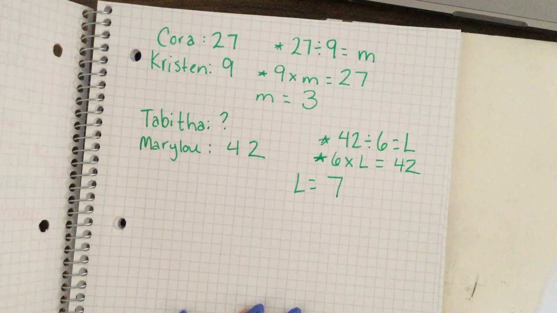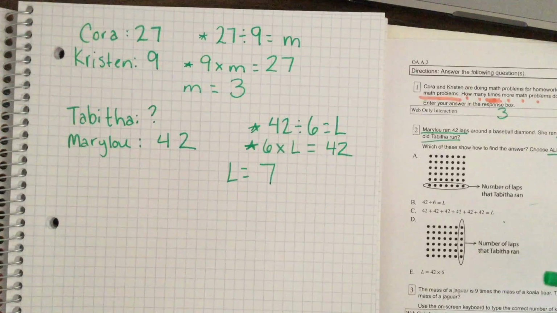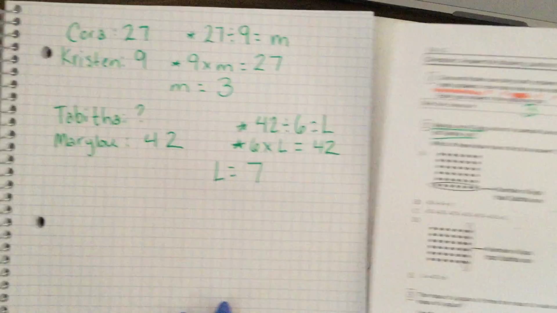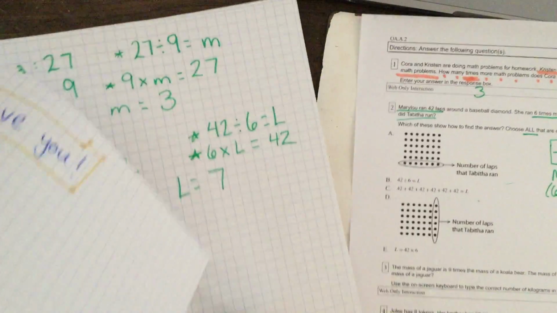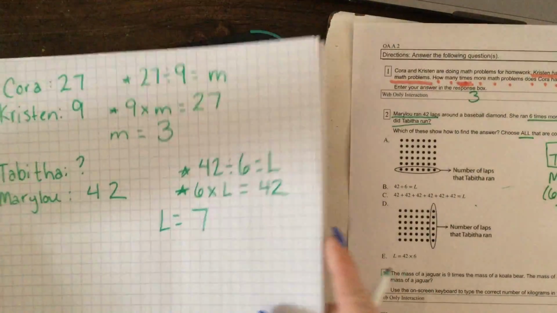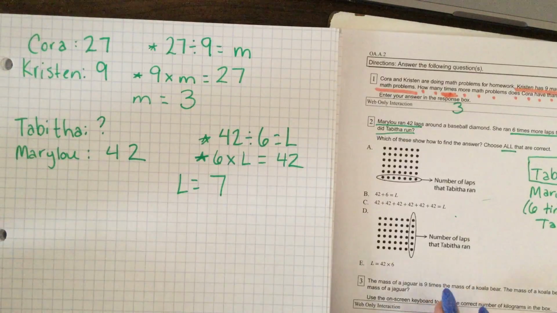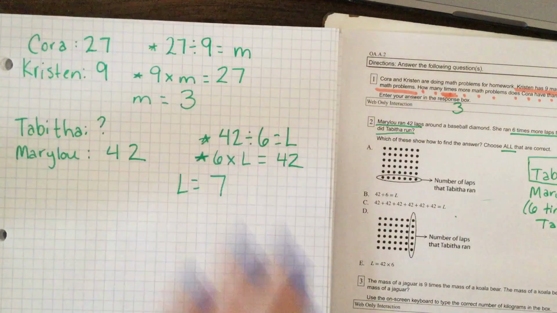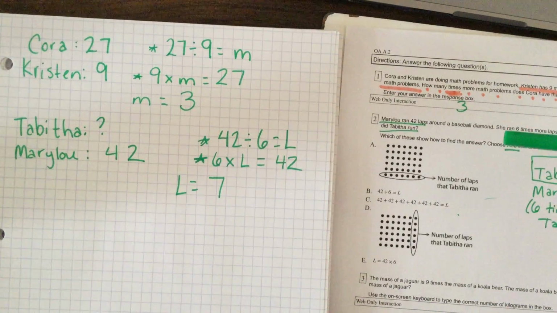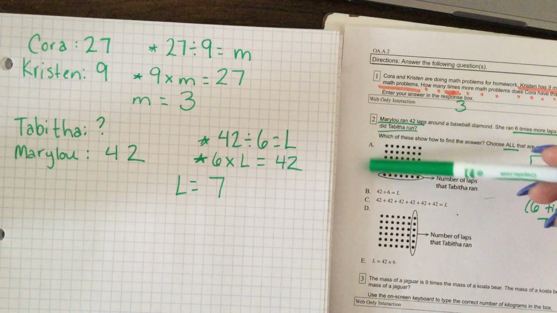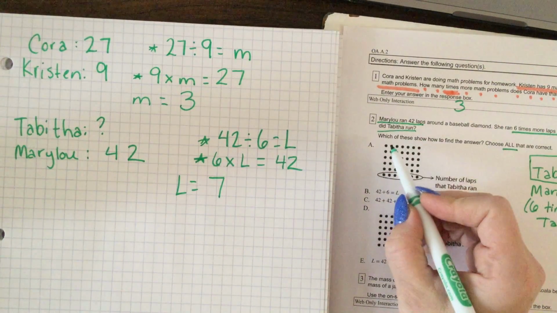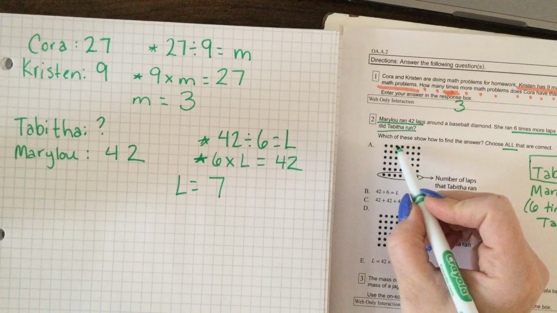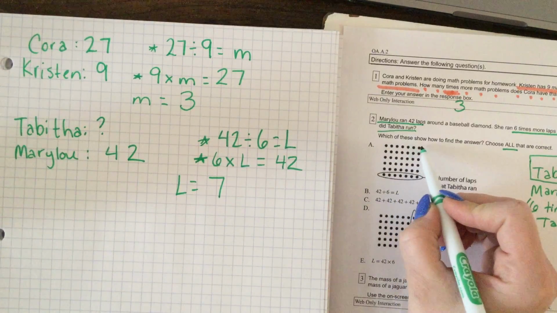Okay, so let's come back over here, because we've got to choose which of these represents what she ran. It's a really good thing we solved it ahead of time, otherwise it would have been harder for us to figure out the correct answer in the long run. So let's see. If A is correct, that means there is 1, 2, 3, 4, 5, 6, 7.